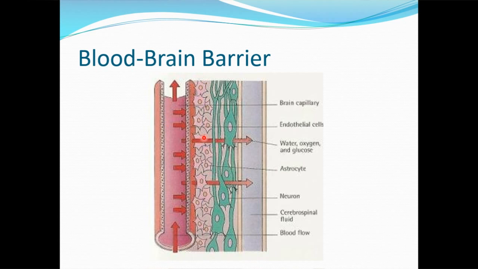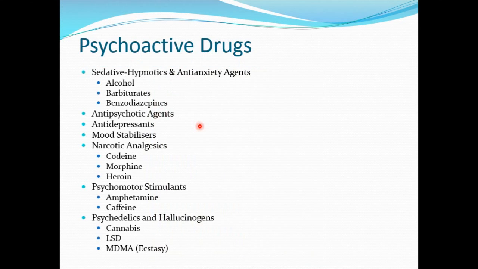And the reason it is the way it is is because of the astrocytes around the capillaries that try and prevent anything unnecessary coming through there. Now, here is a list of psychoactive drugs that obviously affect us, things like benzodiazepines, morphine and heroin, caffeine, and your psychedelics and hallucinogens. You just need to know what they are.